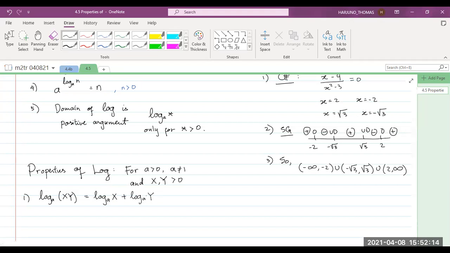When we multiply with the same base, we add the exponents. The second property, log base a of a quotient equals the difference of logs.